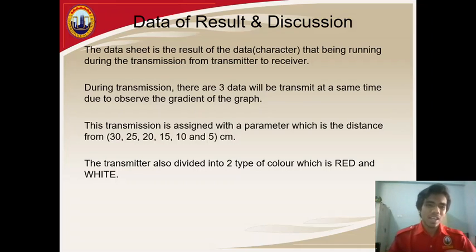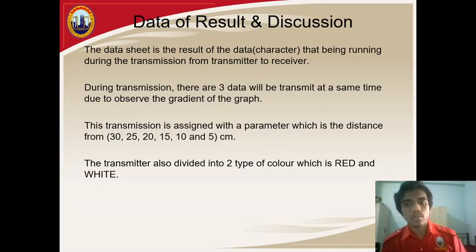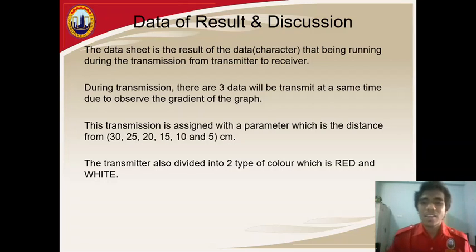So ASCII code, for one character, consists of 8 bits. Yeah, 8 bits, each time, and that is running during the transmission from transmitter to receiver. It's like I declared from the earlier part.